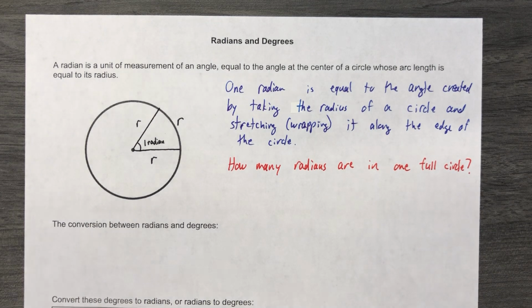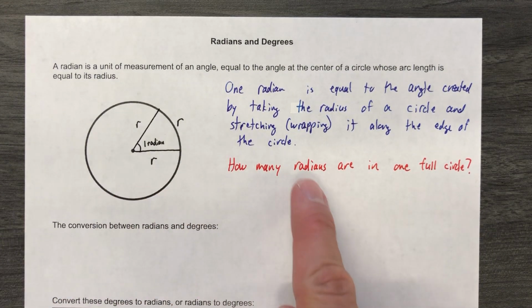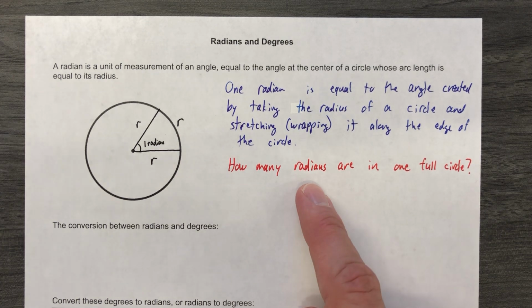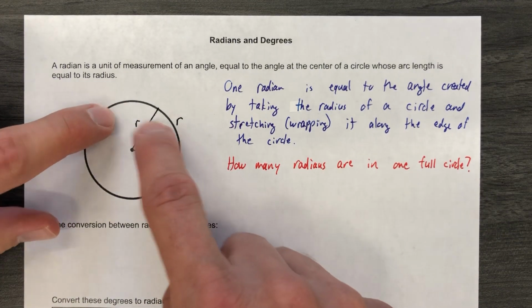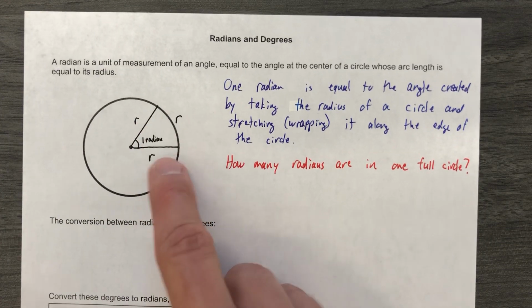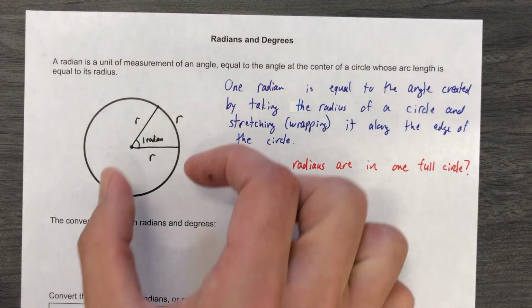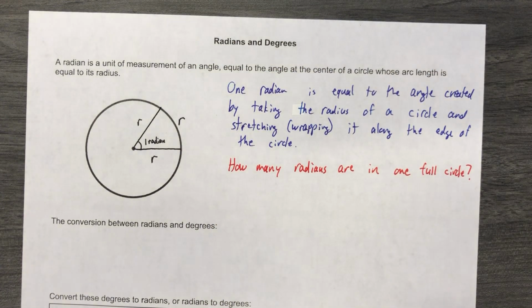With degrees, we know how many degrees are in one full circle: 360. So whatever I get for this answer is the equivalent of 360 degrees. So if I had 1 radian here and another radian here and another and another. Now, I already knew to make this a little bit less than 60. That's why we eyeballed it the way we did. And this looks about the same as that if we wrapped it around, maybe off a little bit. I knew where this was going, which is why we drew it the way we did. But let's find out how many radians are in 1 full circle.